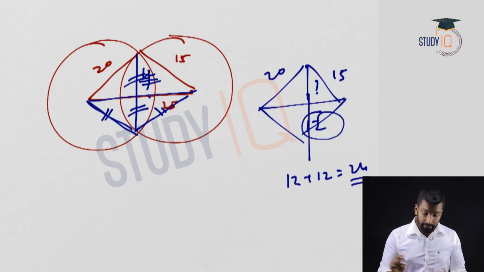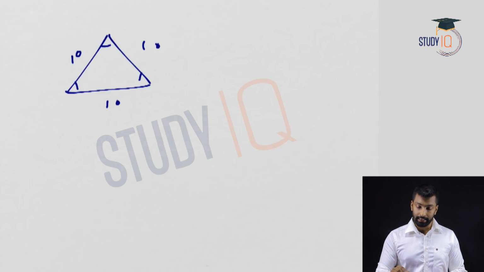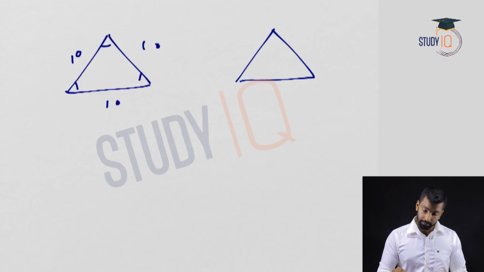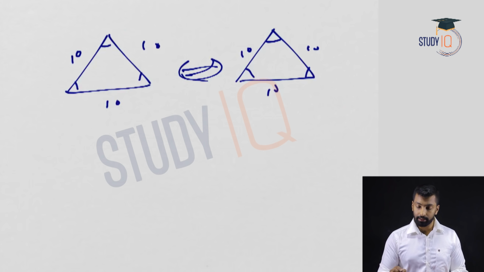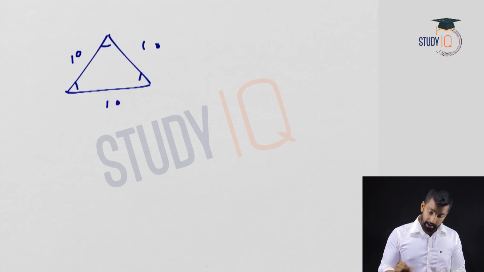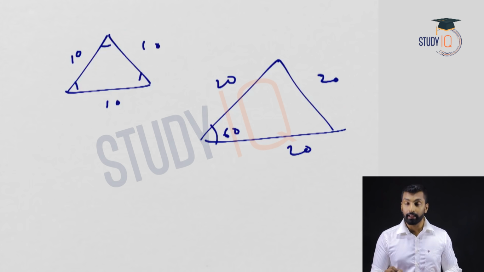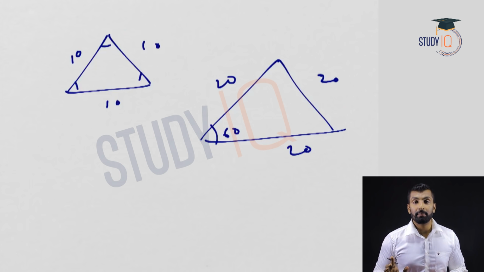Now what do you mean by similar triangle and congruent triangle? See, if I am giving you an equilateral triangle with sides 10, 10, 10, and then this is also 10, 10, 10, these two are congruent triangles, okay? But if I am giving you another equilateral triangle, where all the angles are 60 and the sides are 20, 20, 20, then in this case, this is a similar triangle.